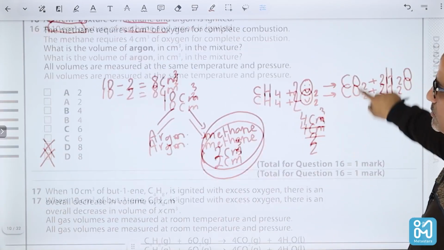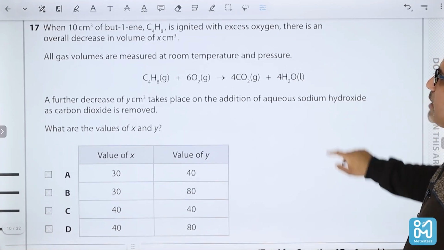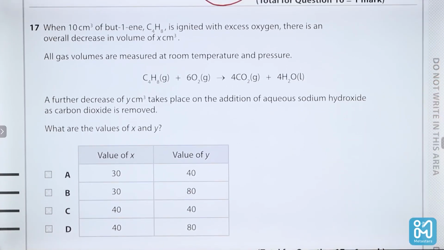Next question. When 10 cubic centimeters of butane, C4H8, is ignited with excess oxygen, there is an overall decrease in volume of X cubic centimeters.